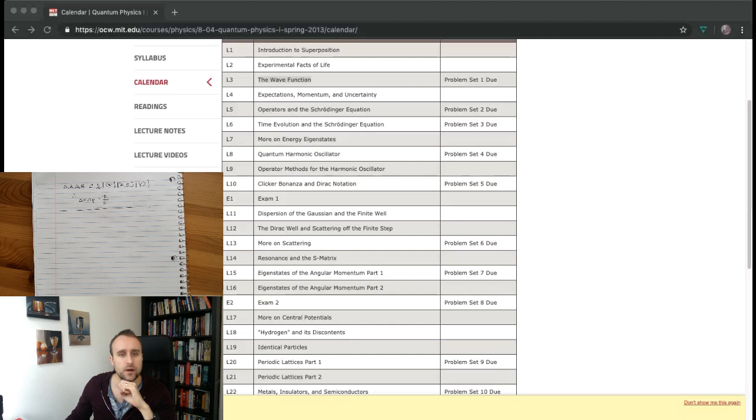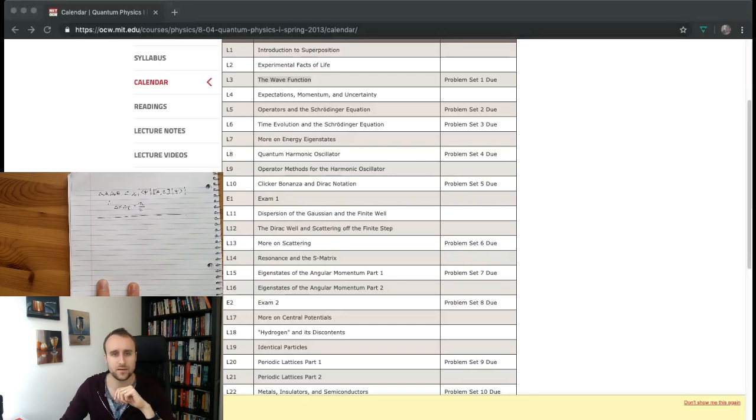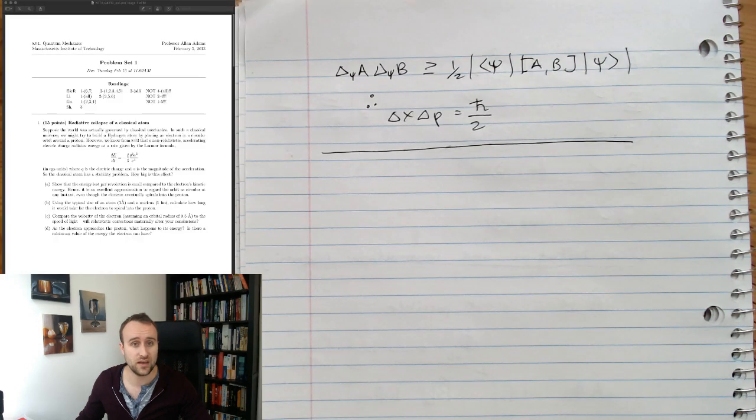And what else do I want to add? I want to add a screen share of the problem set, so let's add that here. Okay, I should be able to do this like this. I don't know whether this is going to be readable. It's a little hard for me to see, but we can just see how it goes.